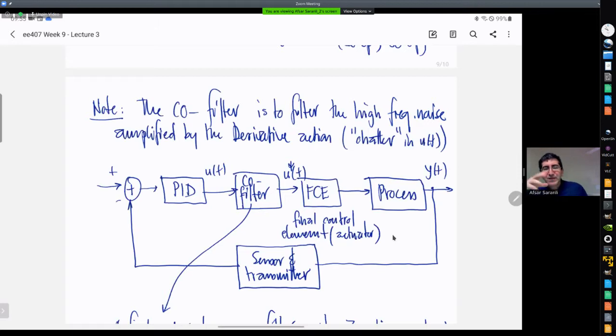So this filter is designed in a way that's going to suppress those high frequency components and therefore prevent the actuator from executing very fast jitter-like motions, because that's going to have some negative effect on the performance and health of whatever hardware is involved.